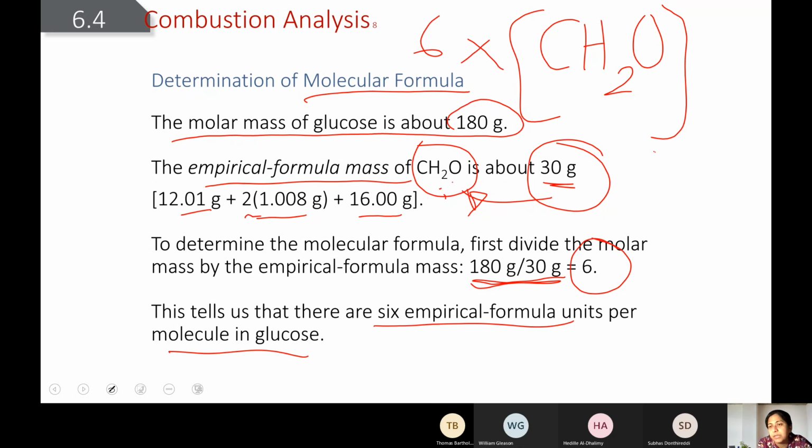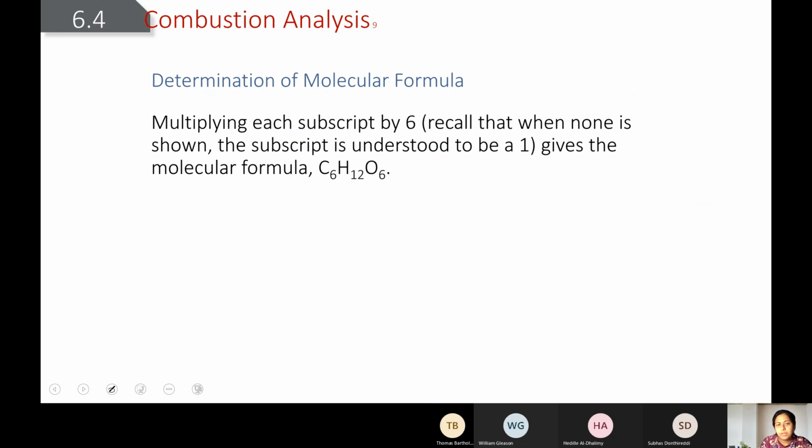So what is my molecular formula then? It would be C6, H 2 times 6 is 12, and O6. That is the molecular formula of glucose.